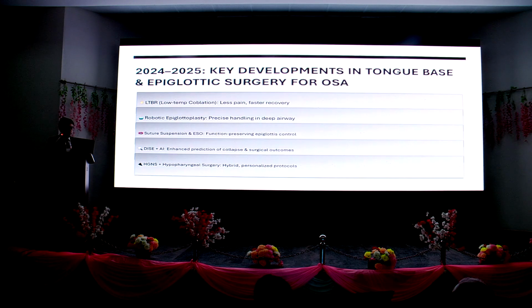Suture suspension and epiglottis stiffening operations, which result in function-preserving epiglottis control. And DICE, they have included AI in it. I'm yet to get a hang of it, but it is supposed to remove the subjective observations which can have an interpretive fault from the surgeon's side. Hypoglossal nerve stimulation is yet to be popularized in our country.